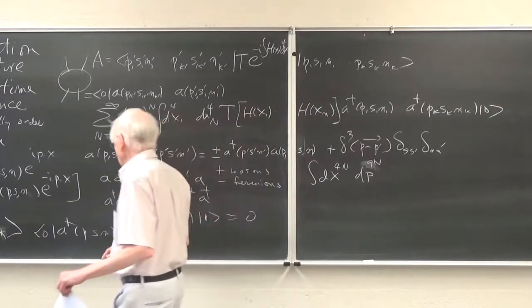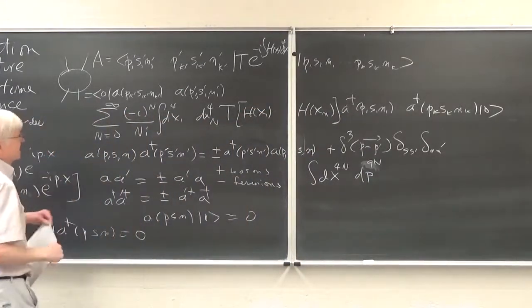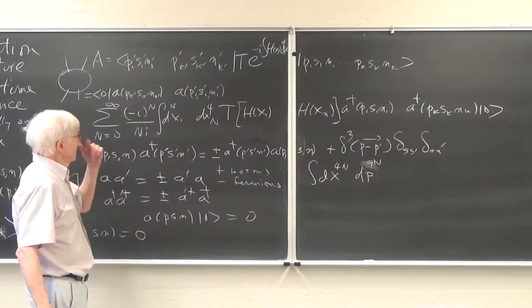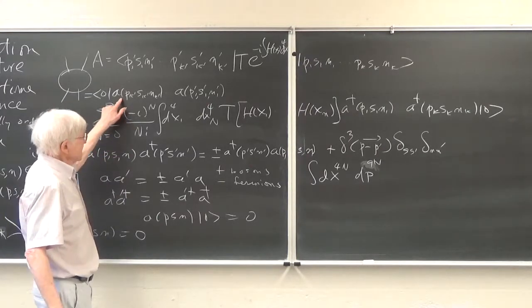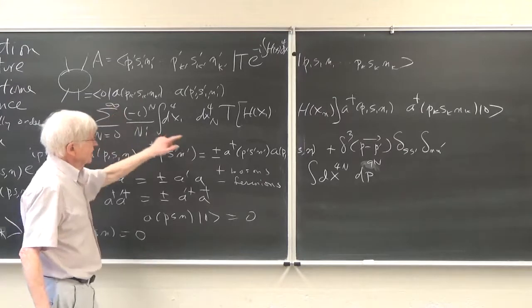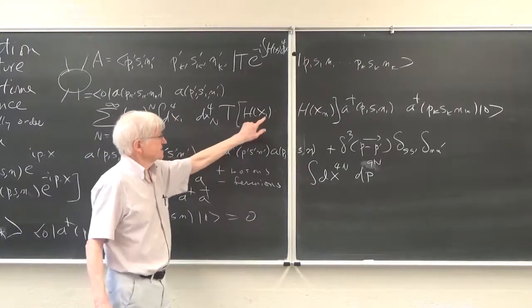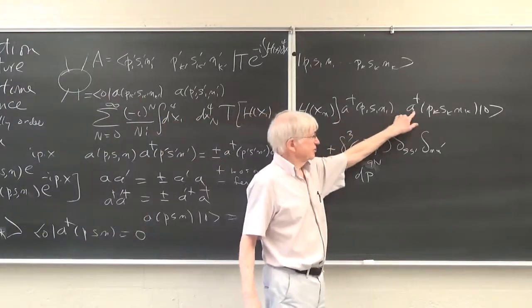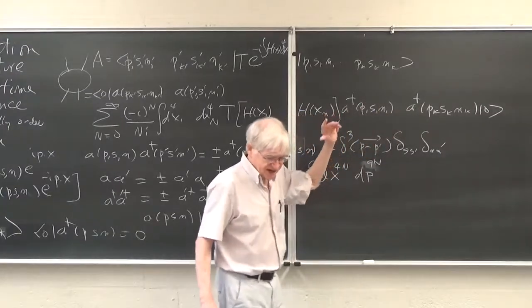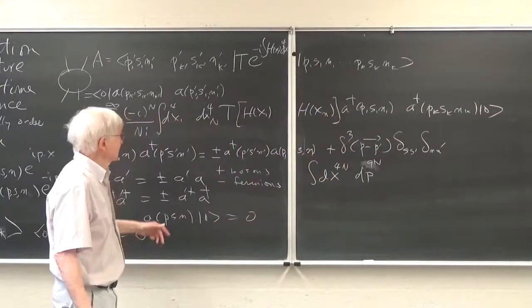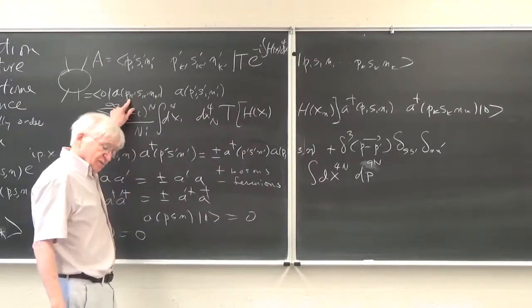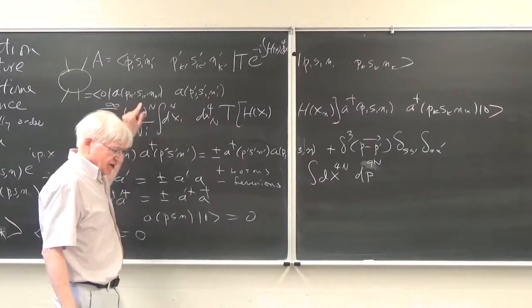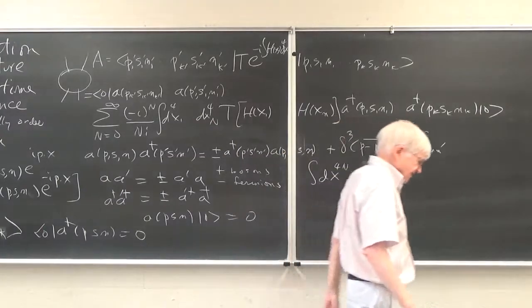And then also, apart from that, you will have delta functions when you have annihilation operators here pairing with creation operators there. That will give you a three-dimensional Dirac delta function. And similarly, a creation operator from here will pair with an annihilation operator there, giving a three-dimensional delta function.